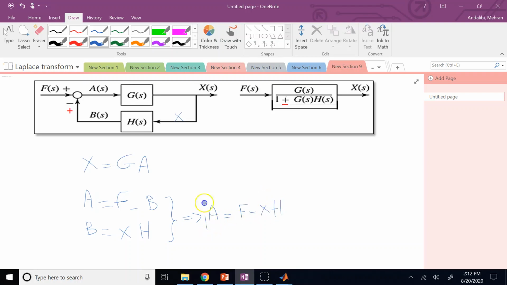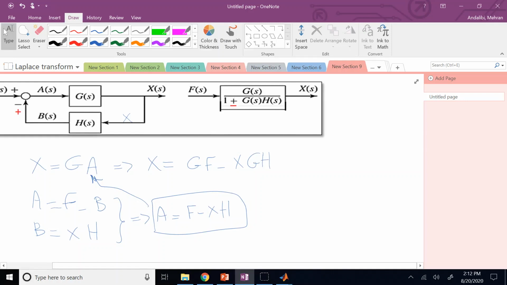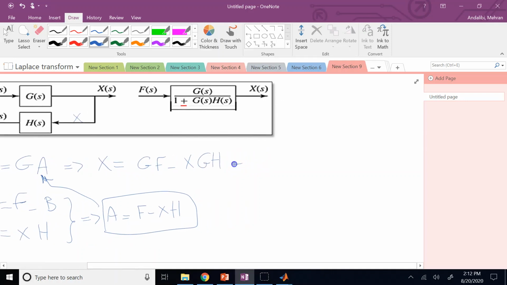And then if you plug that in here, x is g times that, so it's gf minus gxh. Yes? And now if you take this gxh to this side, you will get x times 1 plus gh is equal to g times f.